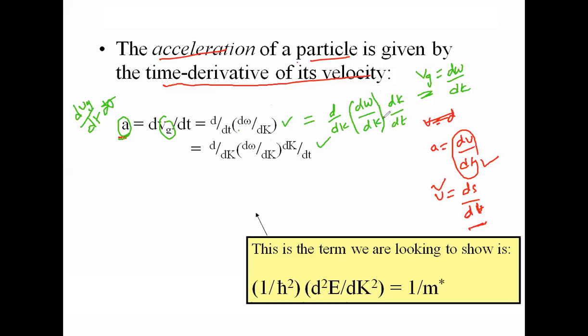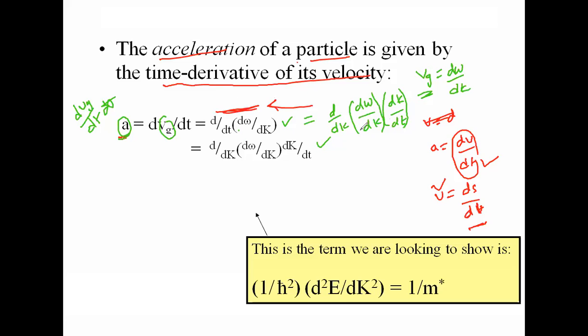Sir, what are you drawing? We didn't understand here. So let me clarify that. From here, I'm multiplying and dividing by dk. When I cancel it, I get back here. dk cancels, d omega by dt is there, right?